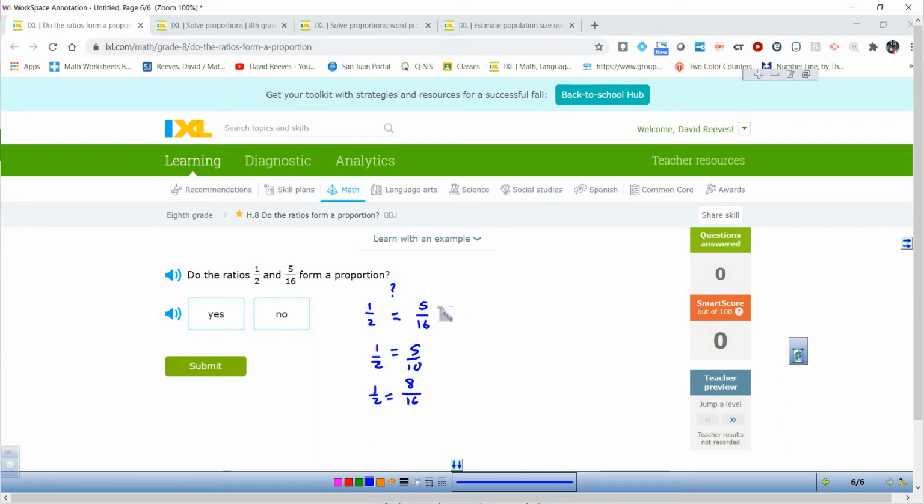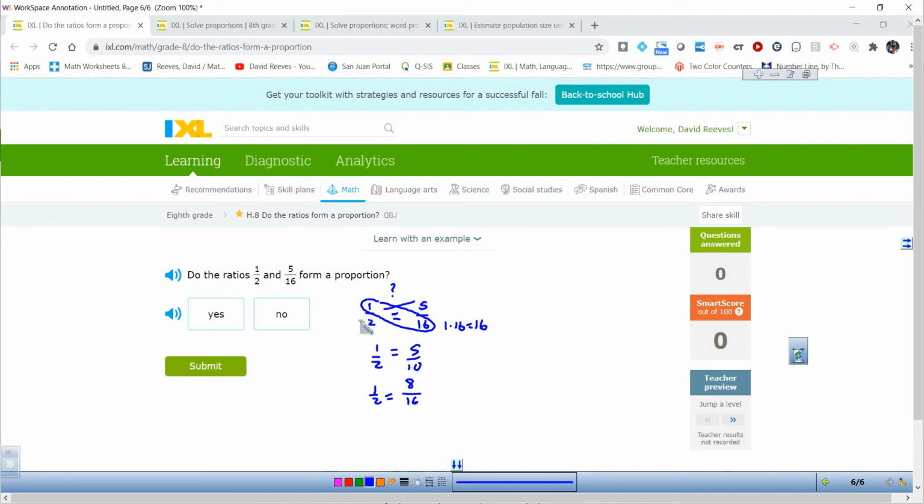Another way we can look at this, we remember equivalent ratios must simplify to the same ratio. And 5/16 doesn't simplify. There are no common factors. All right, and then another way you can check is, you remember I showed you that cross multiplication way. If I multiply across here, 1 times 16 is 16, right?